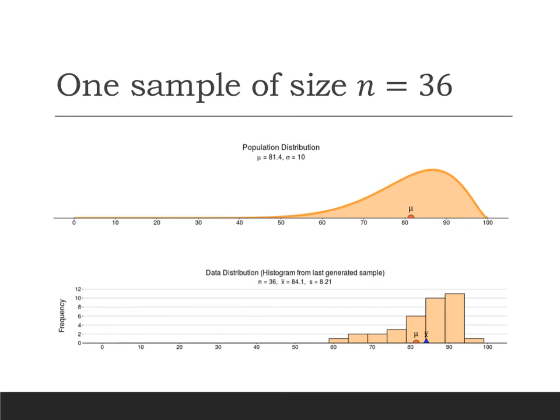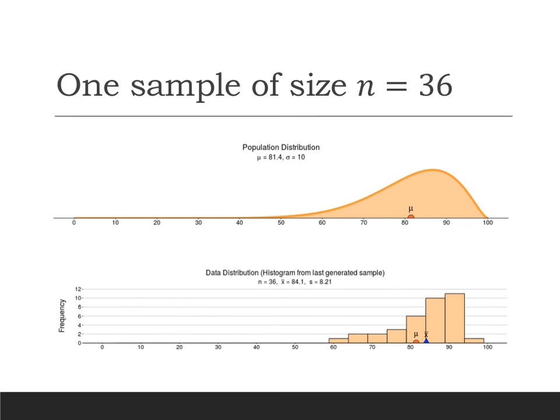And notice that the sample is still very skewed. Other than the fact that it's a histogram rather than a smooth curve, it really does seem to follow the same shape as our population. Our mean is a little bit different. Notice it's higher, 84.1. Standard deviation is slightly smaller, 8.21.